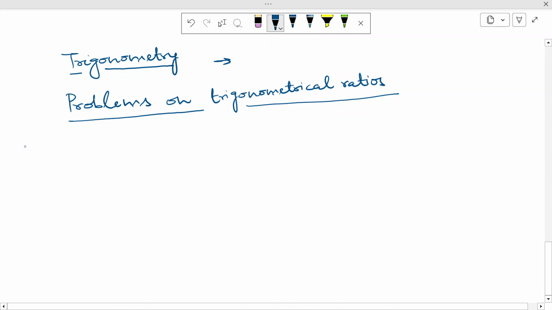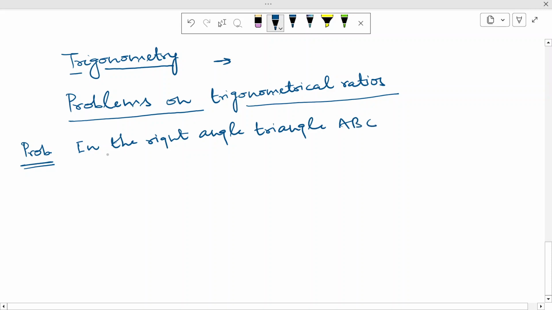So, in our first problem, we are given a right angle triangle ABC. We have angle ABC as 90 degree.